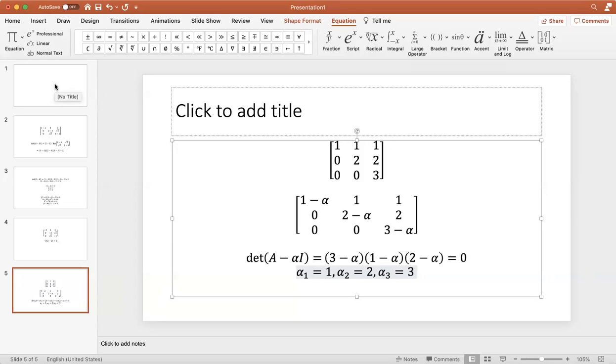It doesn't really specify what kind of triangular matrix, so it could be either upper or lower triangular, right? So all the diagonal elements will be its eigenvalues. So let's proceed to number 3.